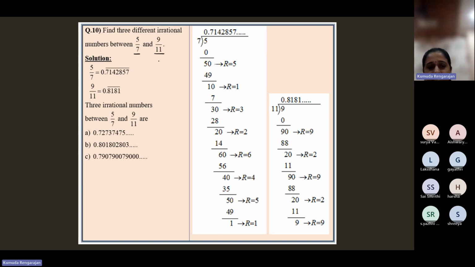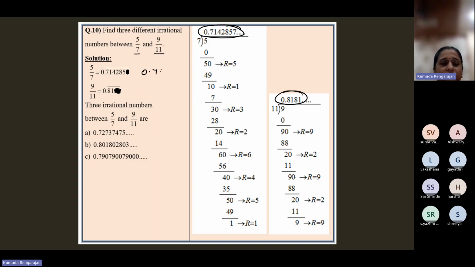These are two rational numbers because they have a p by q form. Find the decimal expansions of the rational numbers by performing the long division. So 5 by 7 is this one. And 9 by 11 is 0.81 recurring. Now just read the first two digits after the decimal point.